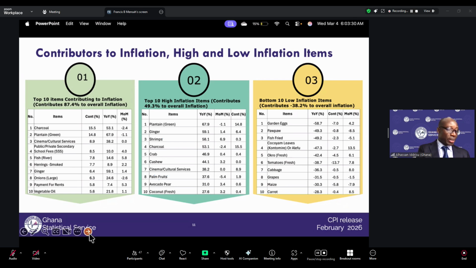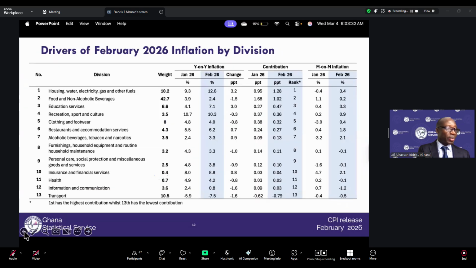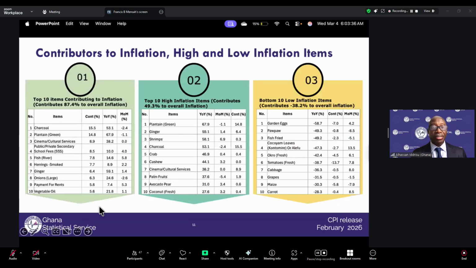And again, if I may make the point, if you take the top 5 high inflation items, I mentioned that if you take green plantain, for example, you take ginger, you take shrimps, you take charcoal, you take crab, their prices increased. In fact, the highest. And then if you take garden eggs, you take pawpaw, you take fish, fried fish, you take contomere, or you take okra, their prices actually what?